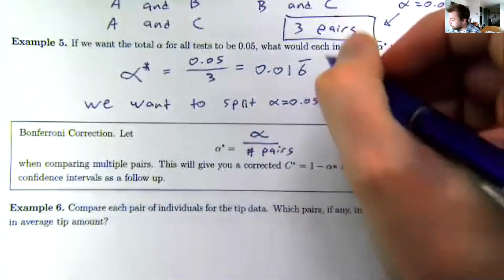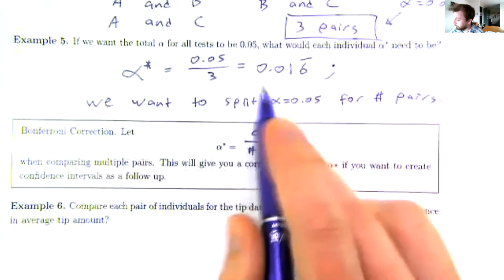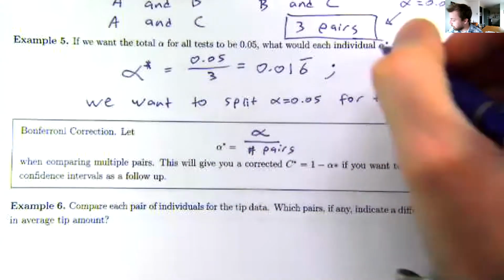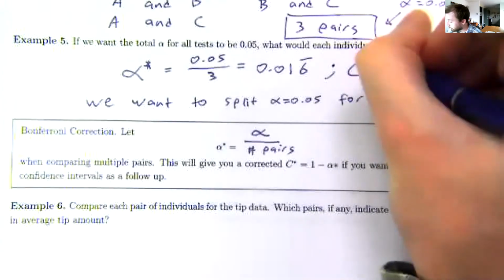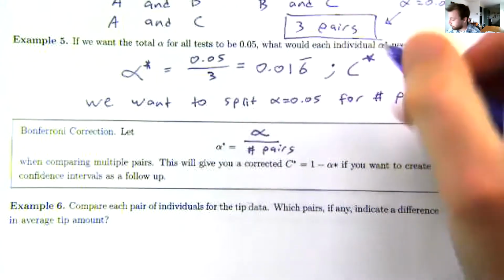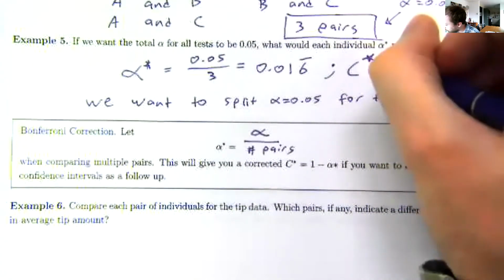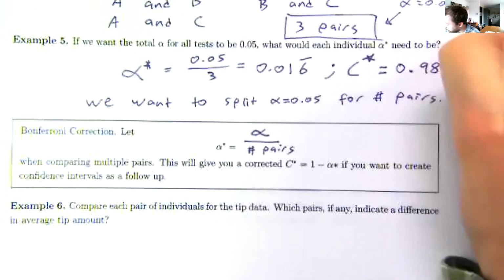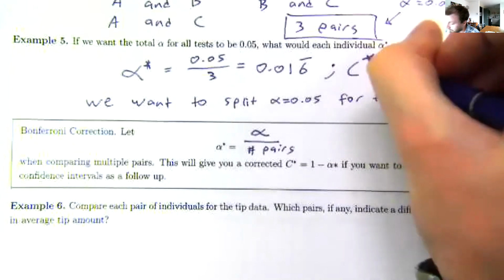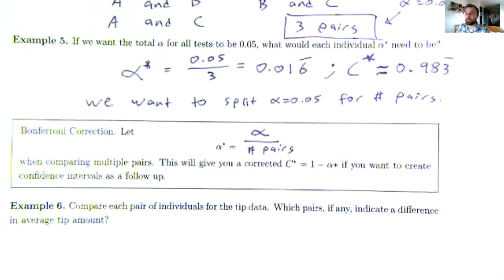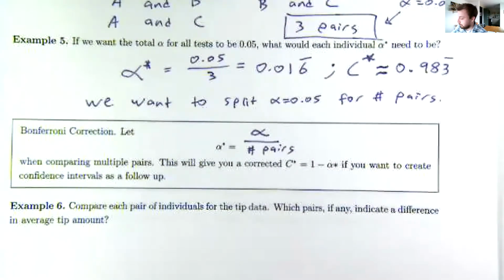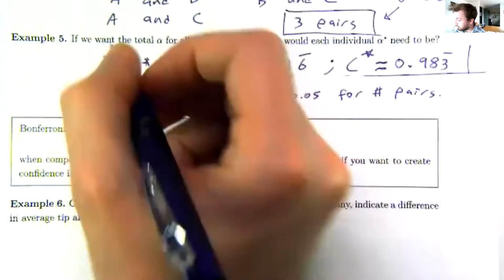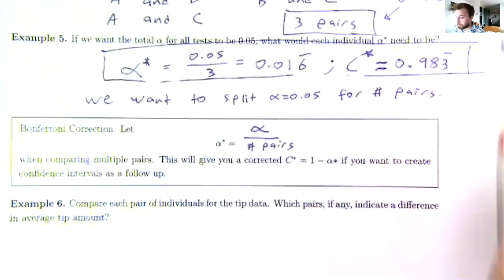So for example, I would have an alpha level of 1.66 repeating percent, but if I wanted to do confidence intervals instead for looking at the difference, I would be working with something like 98.33 repeating percent for each of those comparisons. So Bonferroni just takes that total error and splits it up depending on how many groups you want to be comparing.